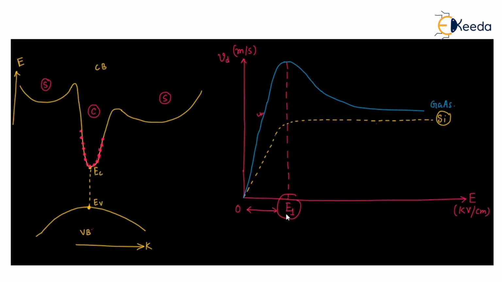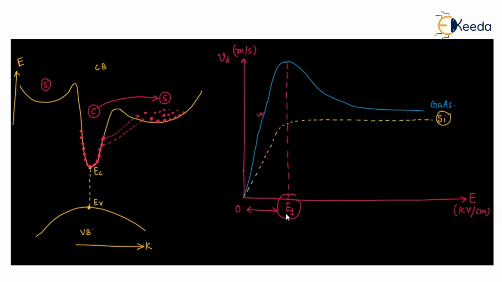It is linearly increasing, and after E1, what happens? These electrons, which are in the central valley, now go into the satellite valley. So after E1, electrons are transferred from the central valley to the satellite valley.